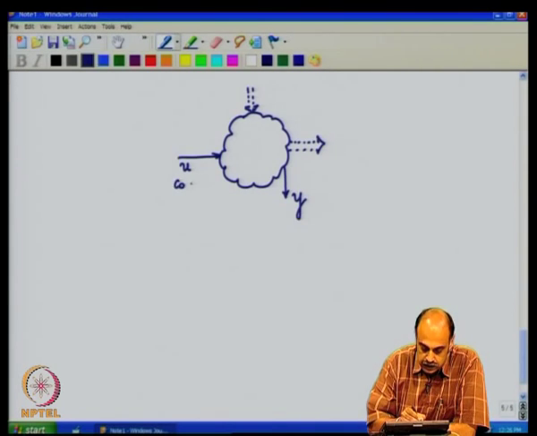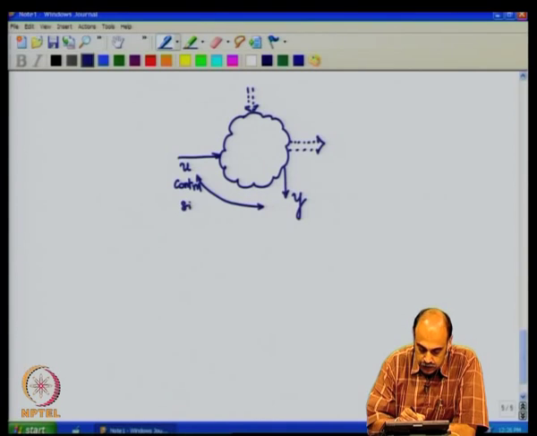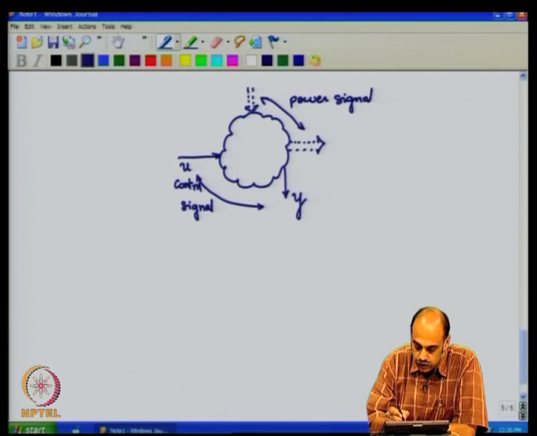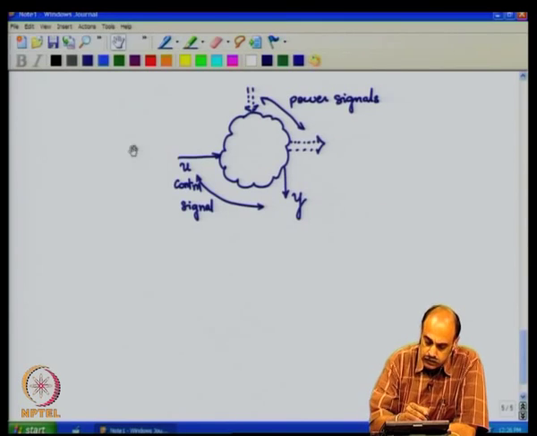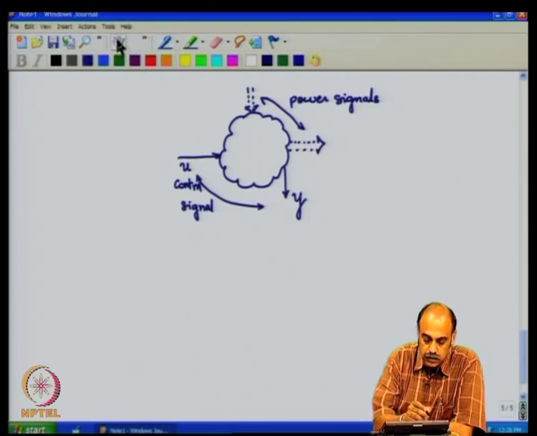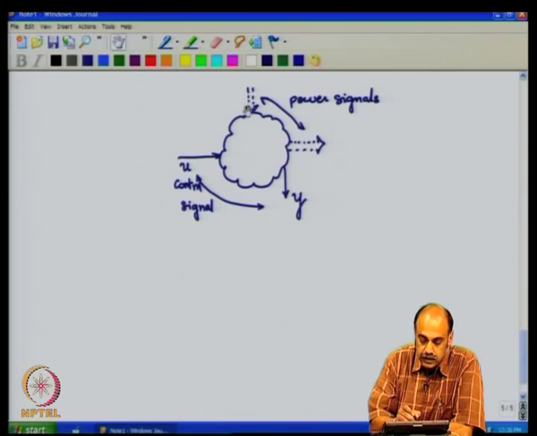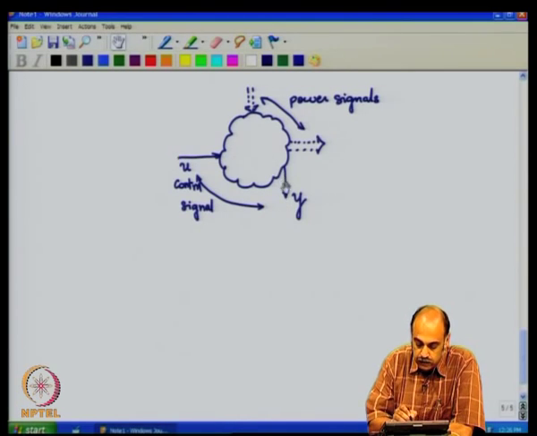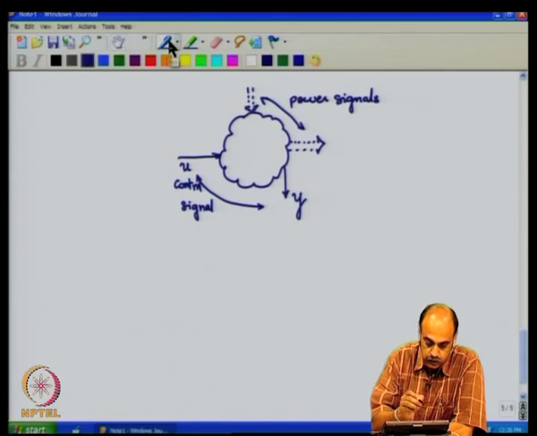These two are only control signals, they do not contain any power, whereas these two are power signals. So, the job of the control signals is to control the flow of power in the power signals. So, even if I do not show these two ports, bear in mind that these two ports exist and they are part of the plant. It is only that I may want to draw your attention to this part while we are talking on the controller design or the controller portions.